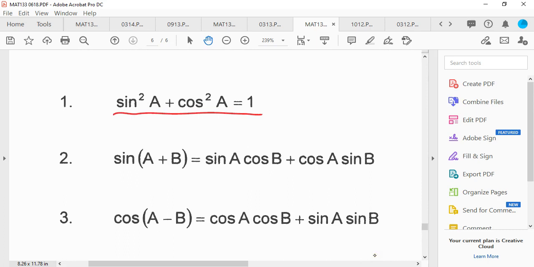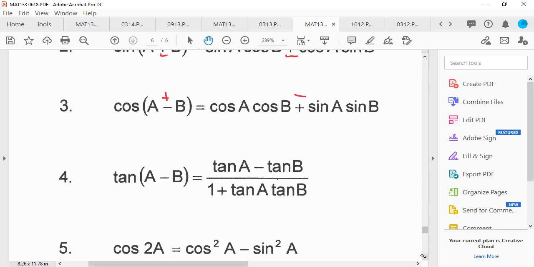For example, if this one is minus, here will be plus. If you have plus, here will be minus for cos A plus B. Same goes with tangent. If you have plus, you will have minus here, and you have plus on the top and minus on the bottom. You just modify only.